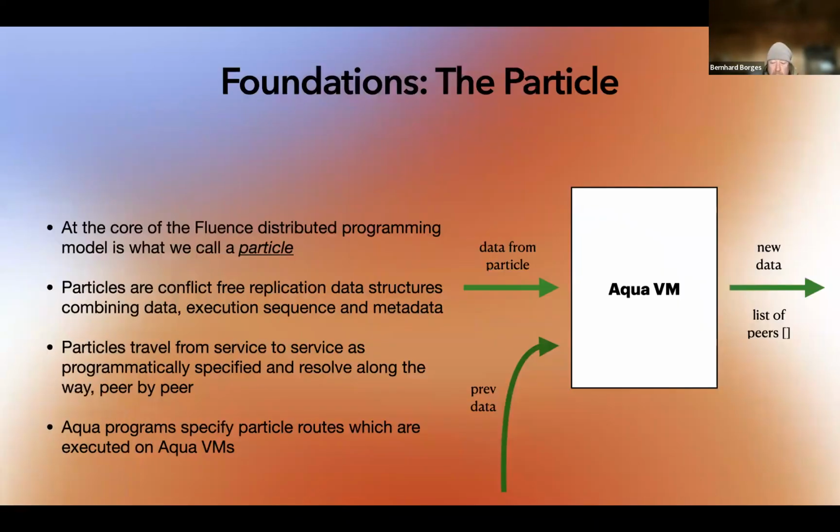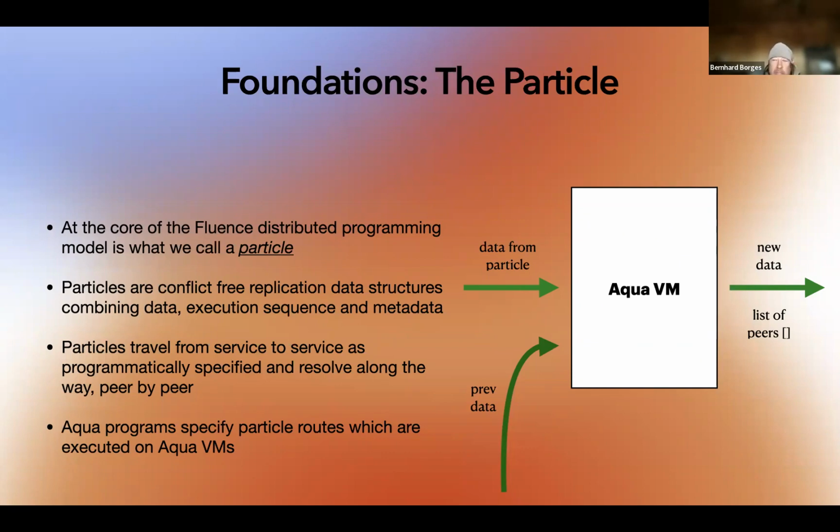What we're doing basically is pushing a data model or a smart package. We call it a particle. Particles are conflict-free replicated data structures that combine data, so your message, for example, to the anticipated recipient, as well as the recipient address, and the execution sequence.